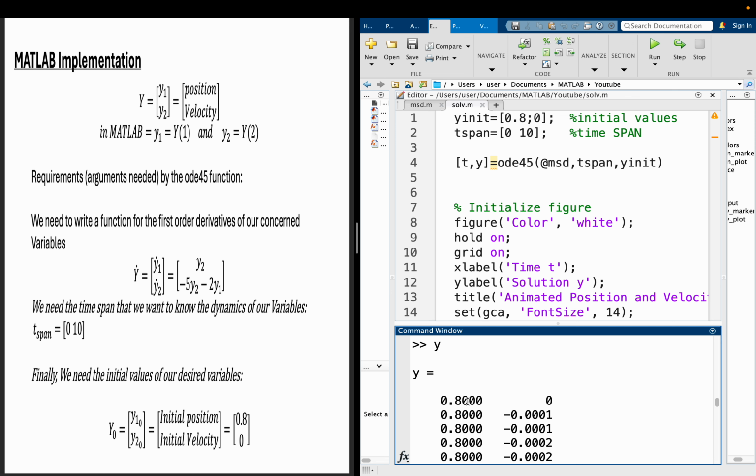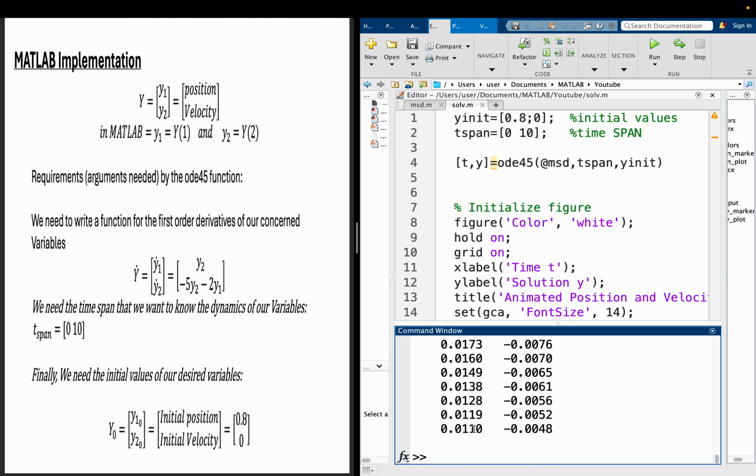As you can see, the initial value is 0.8 and the velocity is 0. So over time, up to 10 seconds, you can see the position goes to 0.011, which is about 1.1 centimeters, and the velocity is still negative.